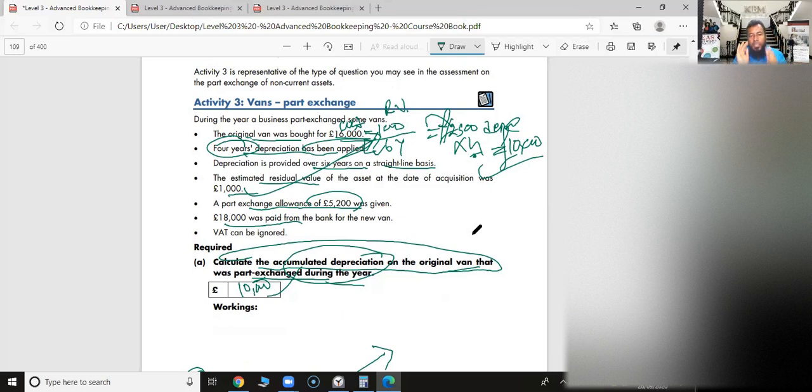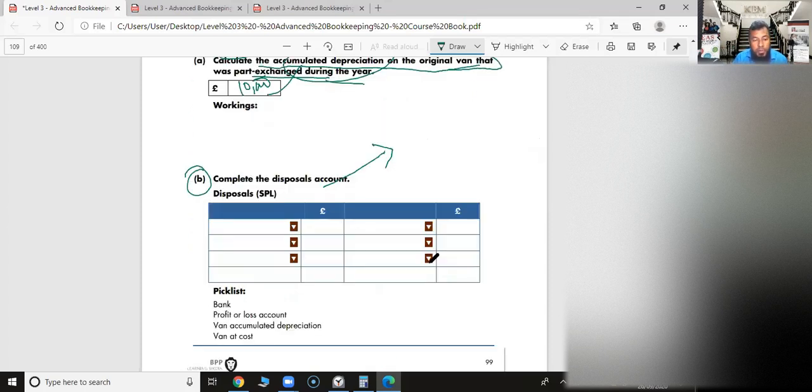What is the cost of the new one? We gave the old one, which was considered as 5,200 pounds, and we also gave 18,000 from our pocket. Thank you. Everybody is right here. Aya said 18,000 given from our pocket plus 5,200 for the old asset equals 23,200. That is the right answer.